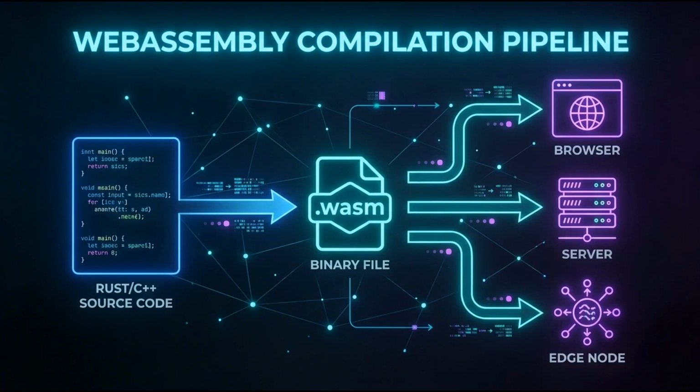The trade-off is that WASM can't run arbitrary Linux processes, and WASI is still maturing. The sweet spot today is edge functions where startup time and binary size matter, plug-in systems where you need safe, untrusted code execution, and cross-platform libraries you want to compile once and run everywhere.